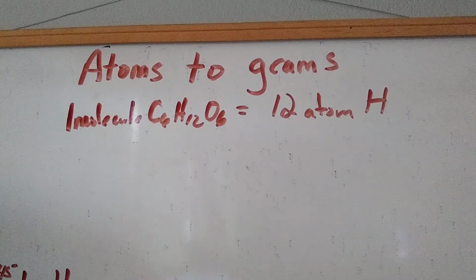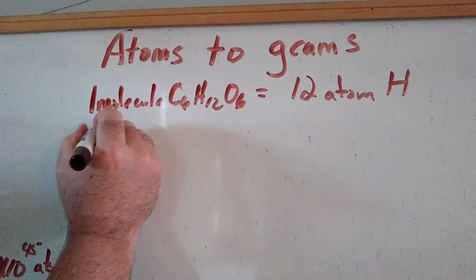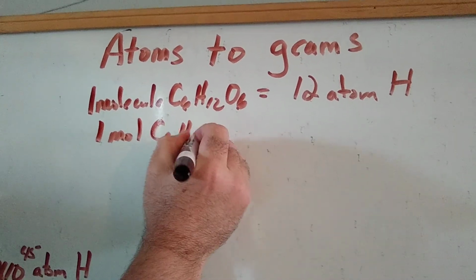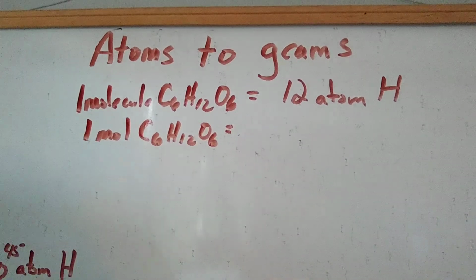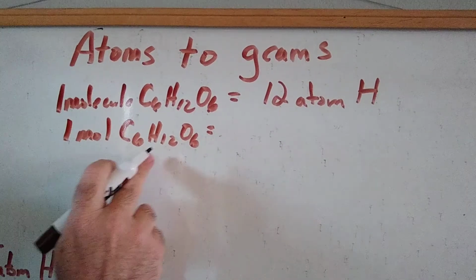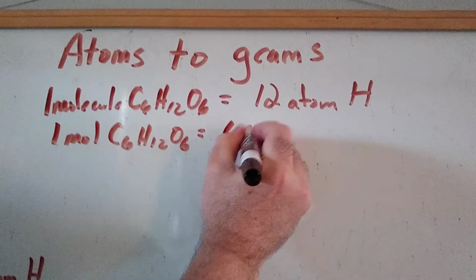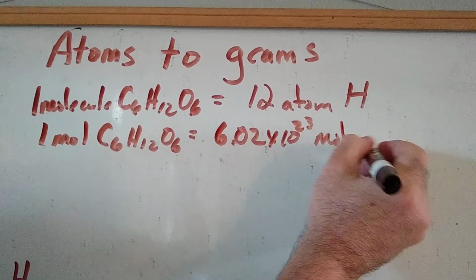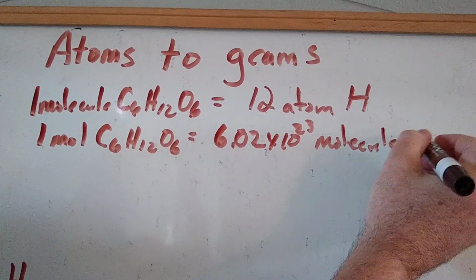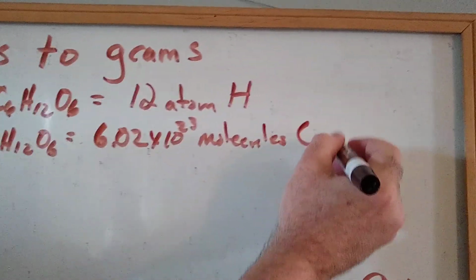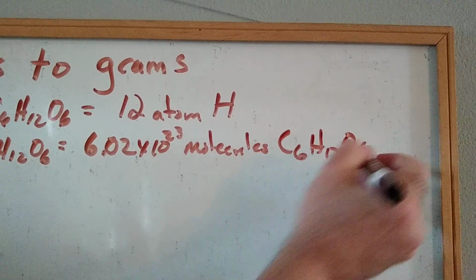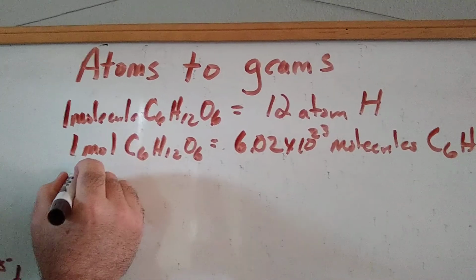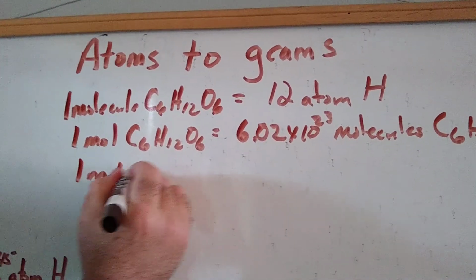Then the other thing that we know is that 1 mole of C6H12O6 is equal to 6.02 times 10 to the 23rd molecules of C6H12O6.